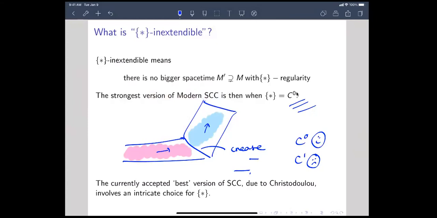And when you do that, it turns out that you can still solve the Einstein equation. So you don't need C2 to solve it. The currently most well-accepted version of strong cosmic censorship is locally square integrable Christoffel symbols, which is what your intuition was for C2. It's the level of differentiability where you can make sense of the Einstein equations from a PDE point of view.